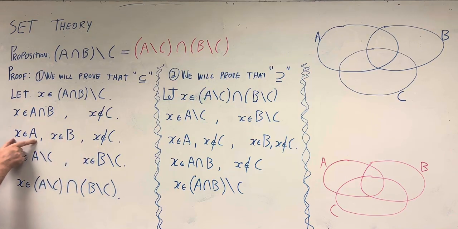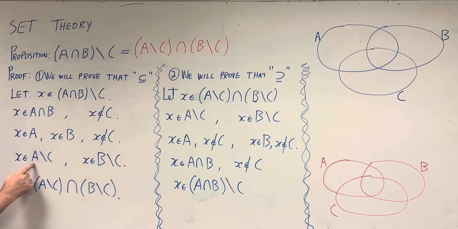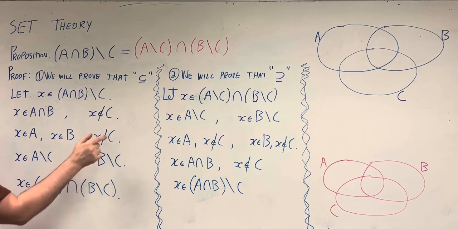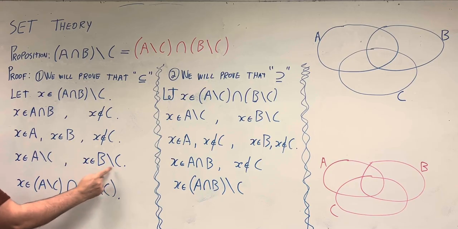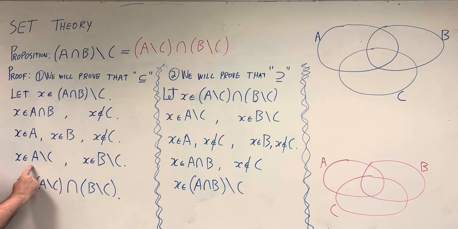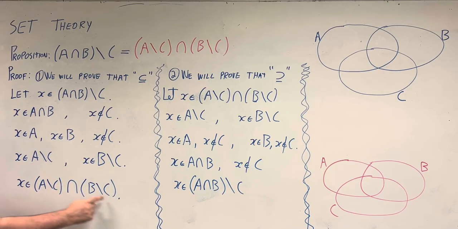Now, x belongs to A, x does not belong to C, therefore x belongs to A minus C. X belongs to B, x does not belong to C, therefore x belongs to B minus C. And if x belongs to this set and also to this set at the same time, it belongs to the intersection of these two sets.